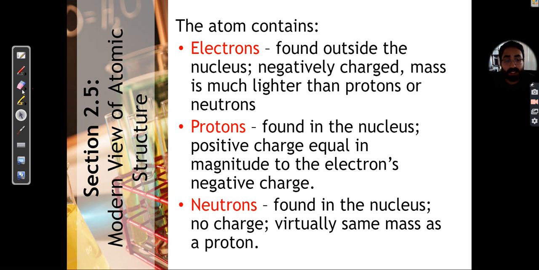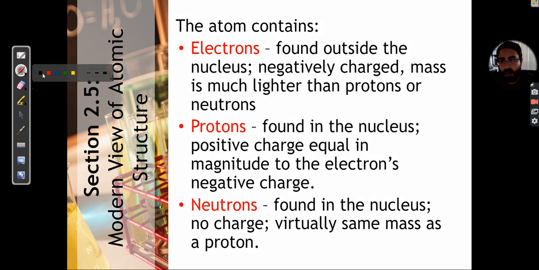They're exactly the same except for the charge. Protons actually undergo a type of decay that turns them into neutrons. They release some energy, lose their charge, and become neutrons. But we're not learning that in chemistry. That's more physics stuff, but it's pretty neat to know about.